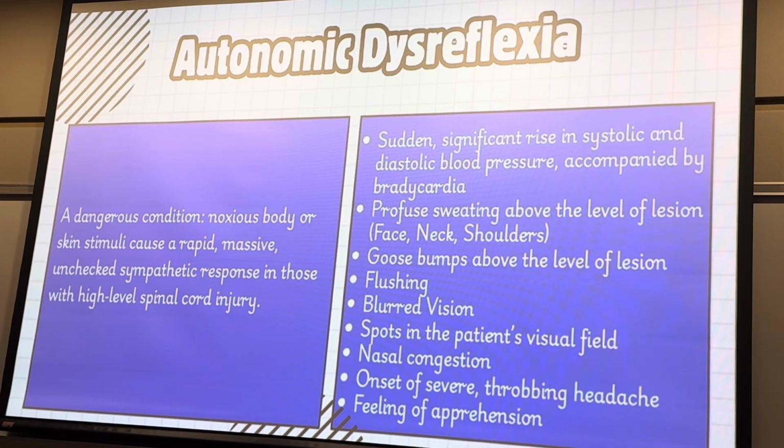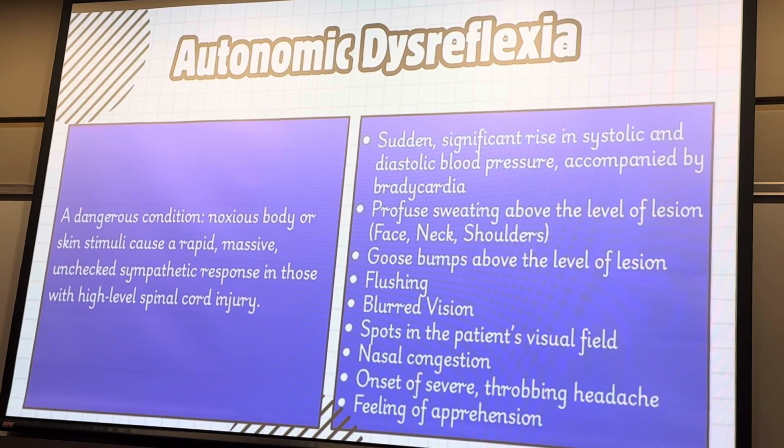I'm also going to have some diaphoresis above the level of the injury. So let's say I have a T1, or thoracic 1, the first vertebra within my thoracic column, injury. Anything above that lesion, above that injury, usually in your face, your neck, your shoulders, you're going to have increased diaphoresis, increased sweating.